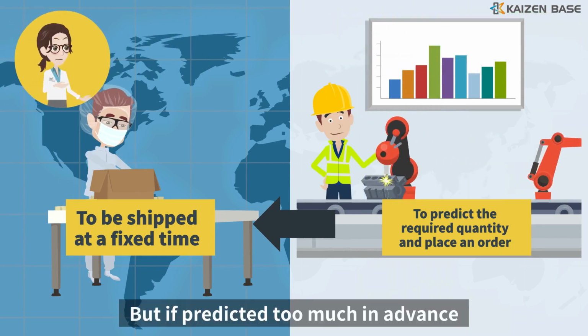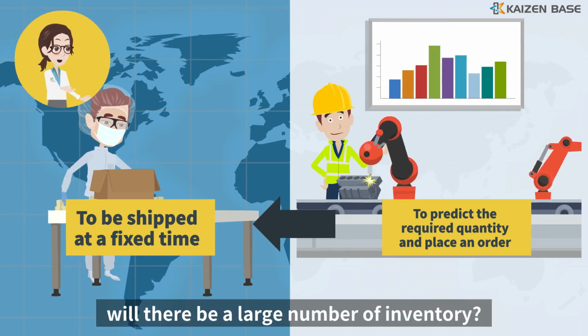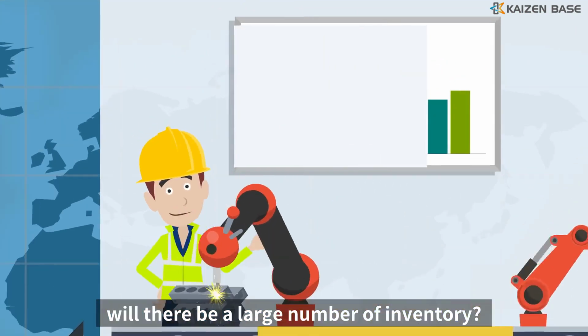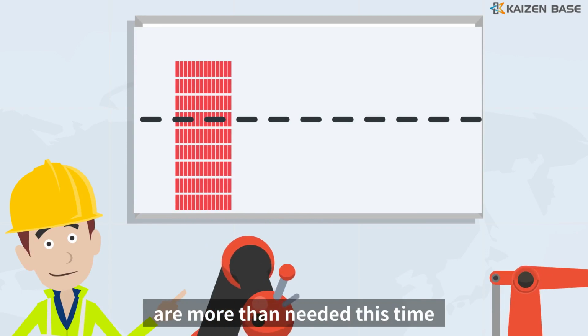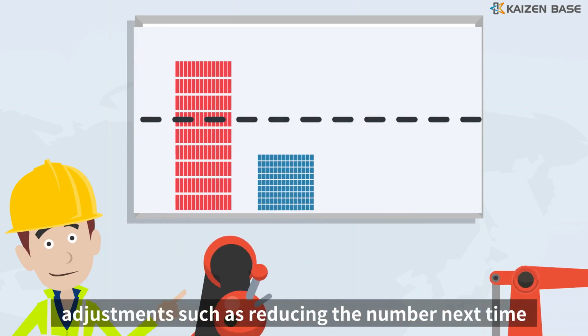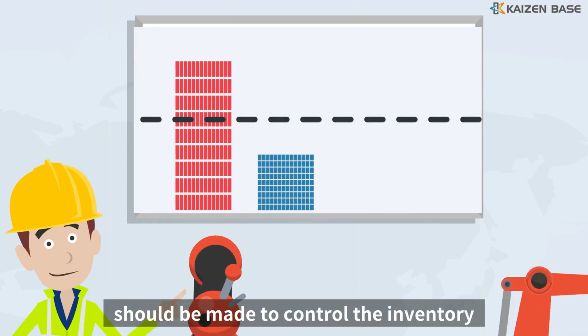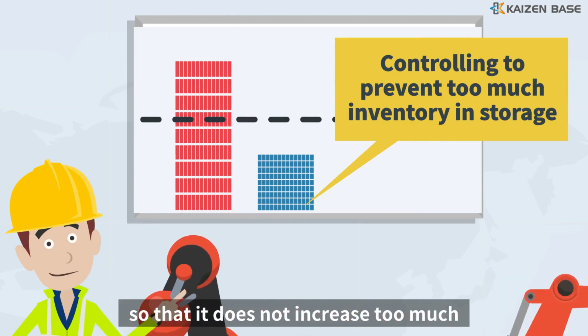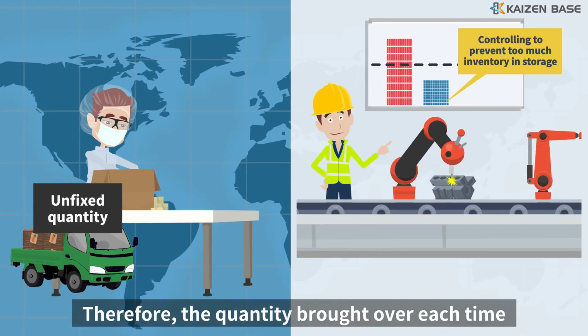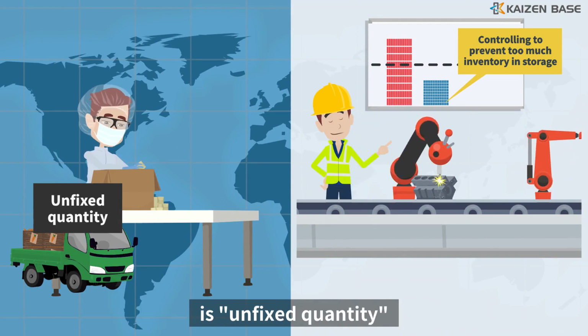But if predicted too much in advance, will there be a large number of inventory? Yes, it will. If the quantity brought over is more than needed this time, adjustments such as reducing the number next time should be made to control the inventory so that it does not increase too much. Therefore, the quantity brought over each time is unfixed quantity.